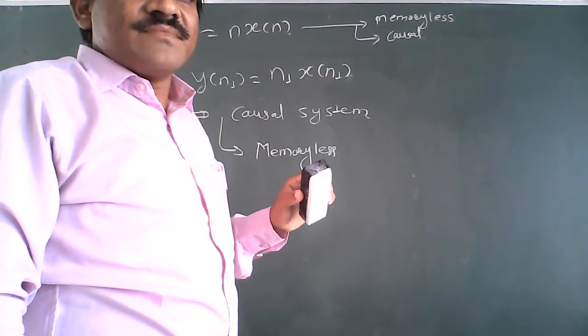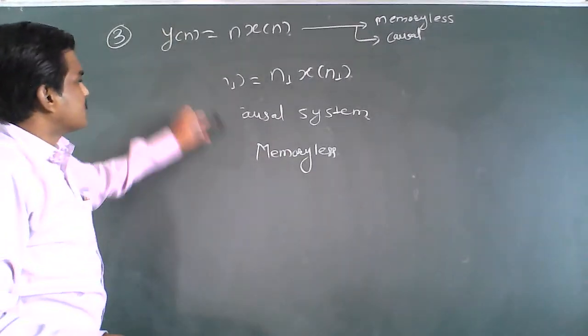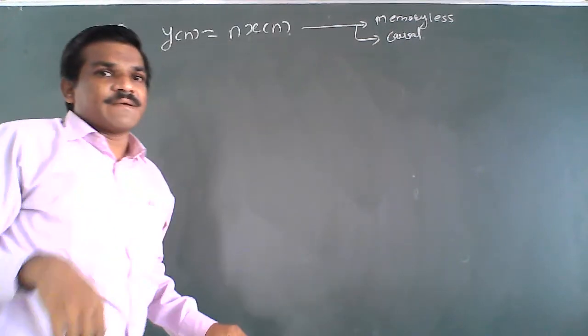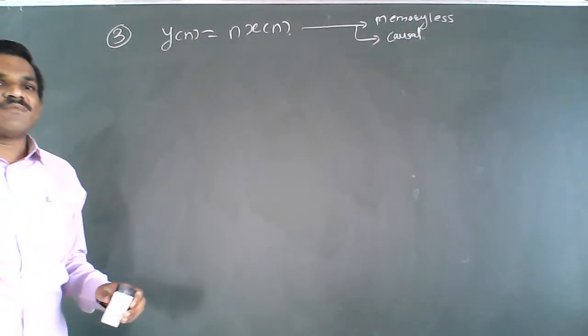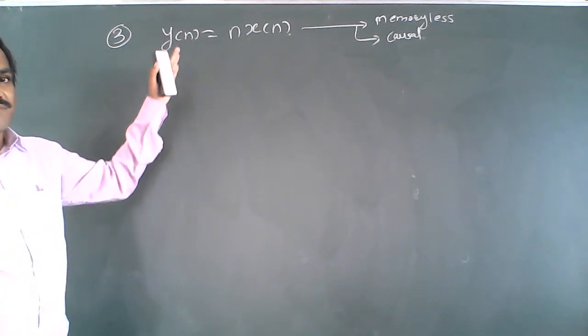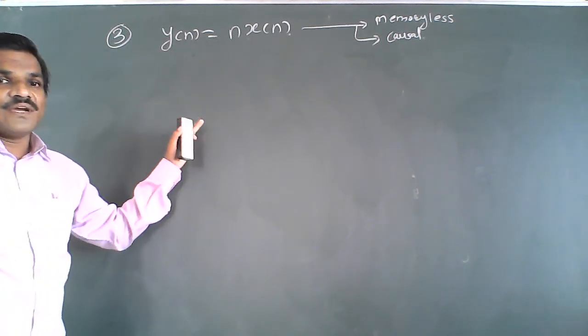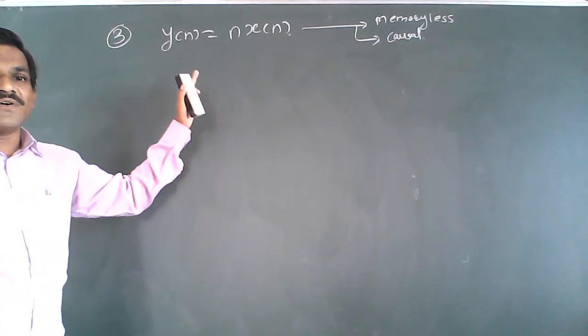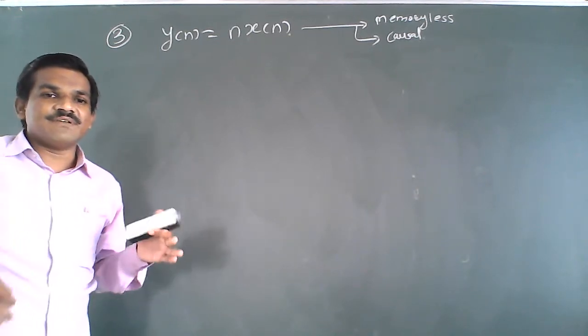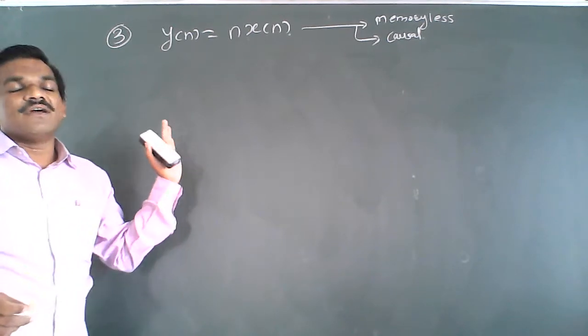Right? So now check the shift invariance property. To check shift invariance, we have to shift the output by n0, and then shift the input by n0 and check the output. If both are the same, then the system is time invariant, otherwise the system is time variant.